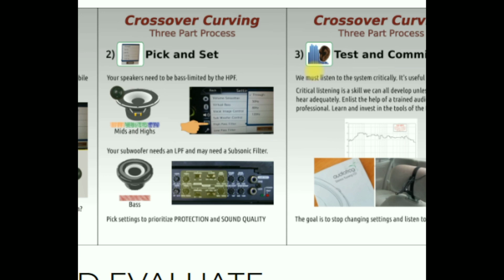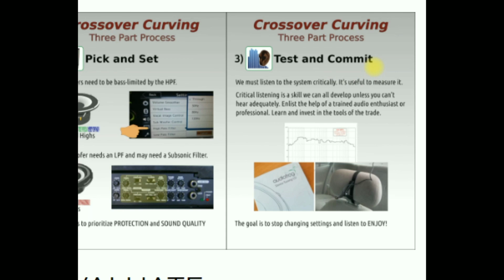The second part is pick and set. So what that means is pick the crossovers, what type of crossover, what slope, what frequency for the turnover, and then, of course, set the crossovers.